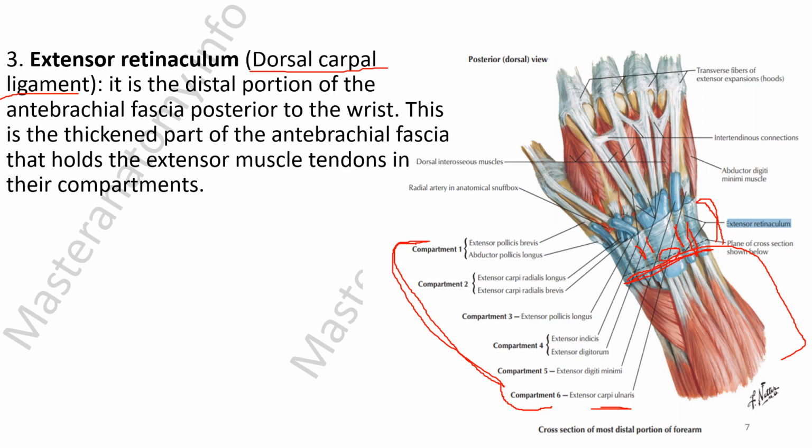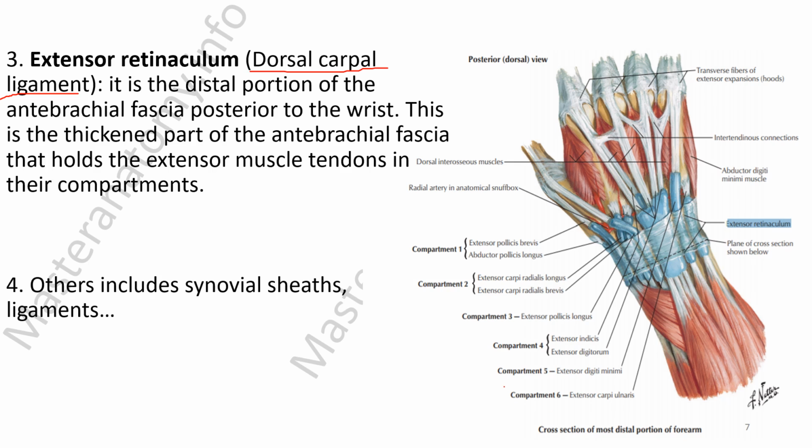It's very necessary to check out our lecture on the muscles of the hand to get familiar with these tendons and these muscles of the hand. Now, as I've clearly stated, there are other structures that are fit to be called fascia, which include the synovial sheath and ligaments, etc.